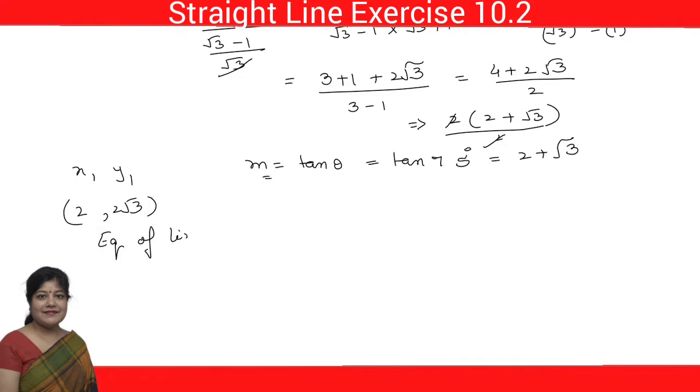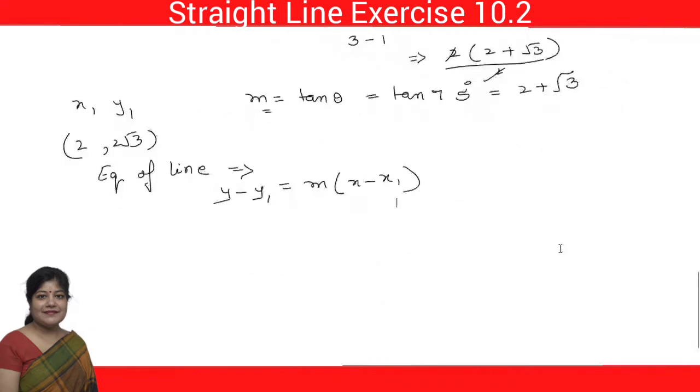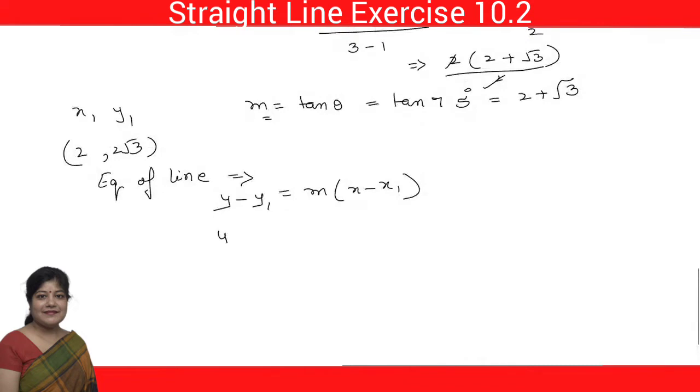Equation of line is y minus y1 is equal to m into x minus x1. Have you noted this? Okay. So y minus 2 root 3 is equal to 2 plus root 3 into x minus 2.